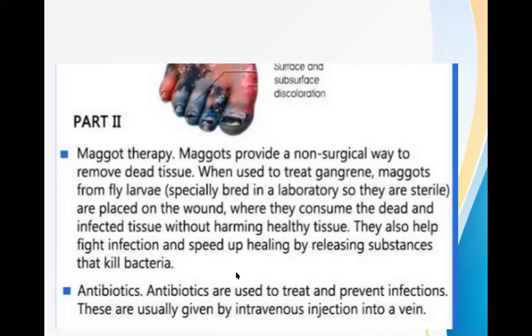But let me tell you one thing, after the complete gangrenous change has already occurred, probably this type of therapy is no use. It should be done when the tissue is still surviving, when there is still hope of saving that part. Antibiotics always play a big role, especially in wet type of gangrene. We have to give a good dose of antibiotic by IV route.